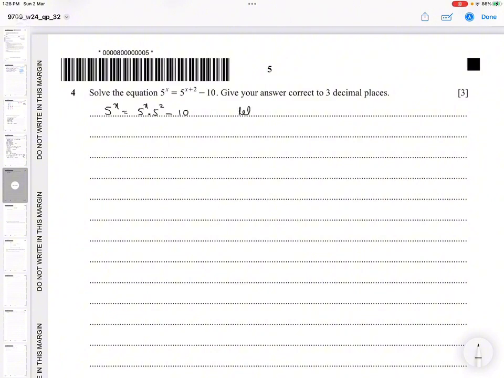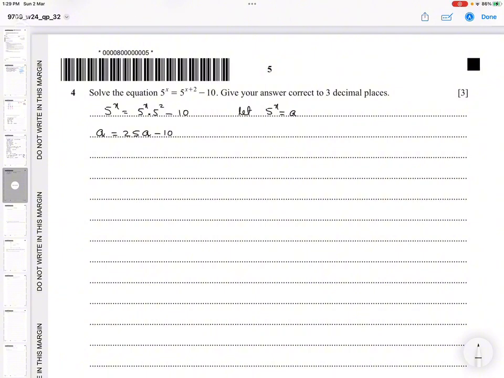Now let 5 to the power x equal a. So write it in the form of a now. a equals 25a minus 10.